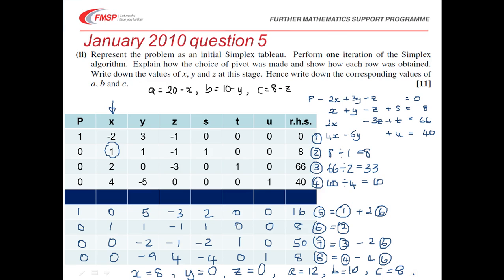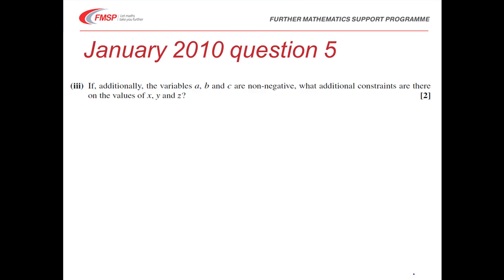So if we have a quick look then at the last part of that question, it says, if additionally the variables a, b and c are non-negative, what additional constraints are there on the values of x, y and z? So we already know that x, y and z have got to be greater than or equal to 0, but we also know that a is equal to 20 minus x.